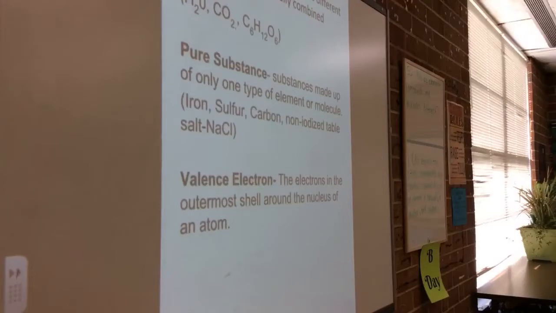I always know how many protons an atom has by this number right here. That's the atomic number. So how many protons do I have? 6, yes. So you should have 6 black beans in your nucleus.